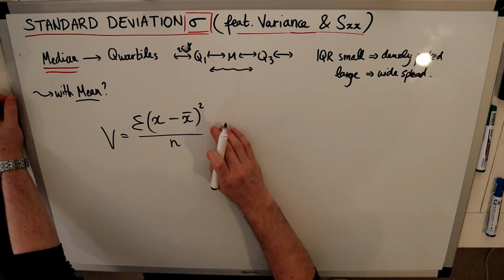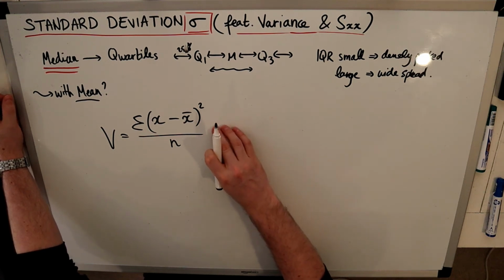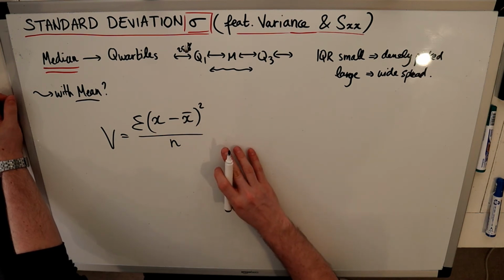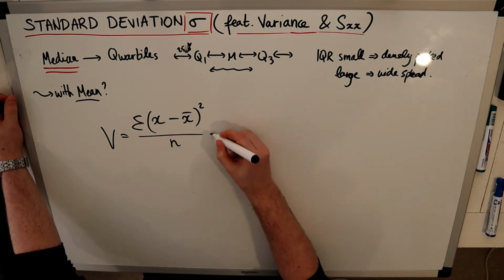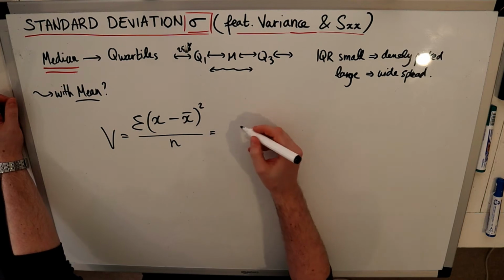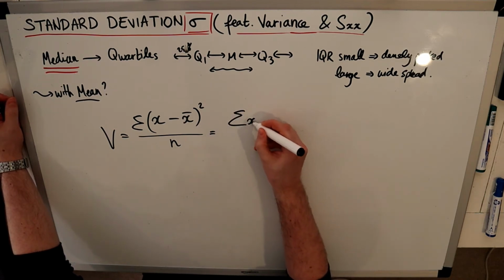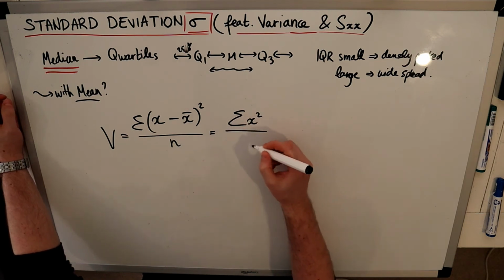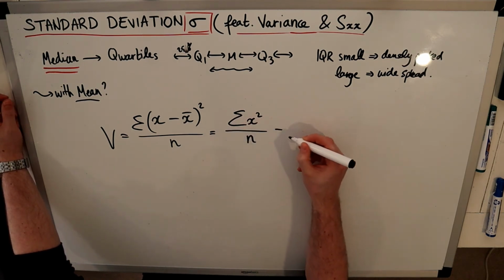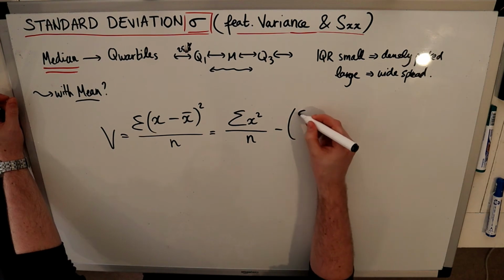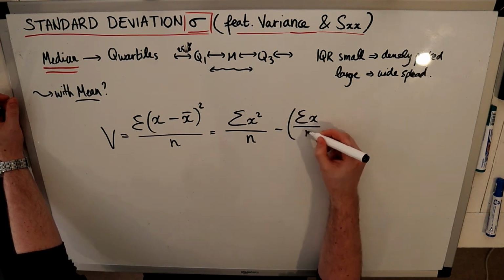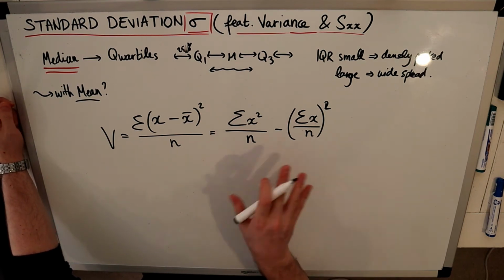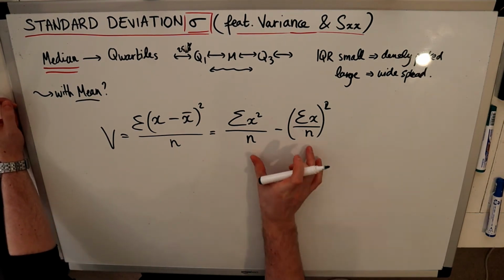Now, this would take a very long time to calculate, and it turns out, I'm not going to go into it here, but if you mess around with this mathematically, another way of doing this is to add all the squares of my values, find the mean of the squares, and then take away the square of the mean.